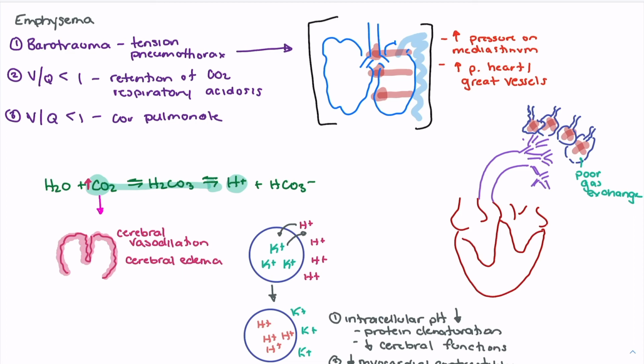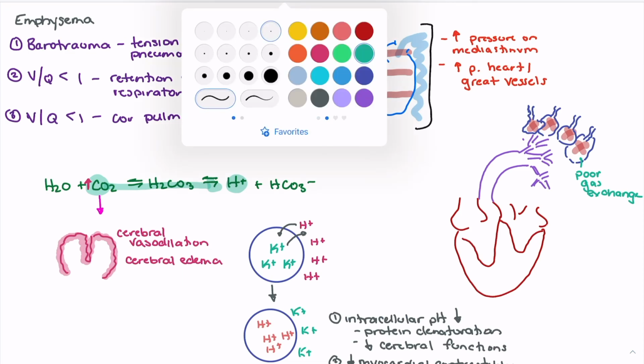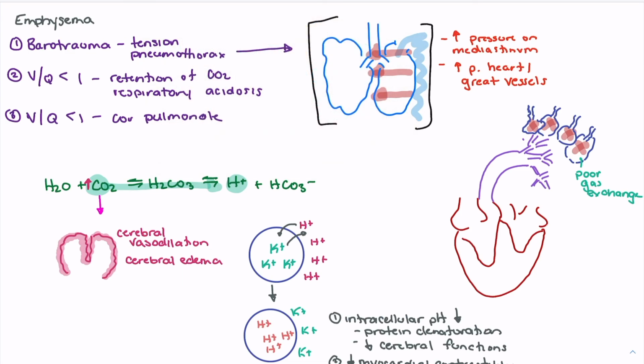The issue with that is that when we have poor gas exchange in areas of our lungs, what we'll start to see is hypoxic vasoconstriction of the pulmonary capillaries. The areas that are not receiving as much oxygen as they would like will attempt to vasoconstrict in order to shunt blood to areas that are working. Well, if we think about this patient's lung, a lot of it is not working.